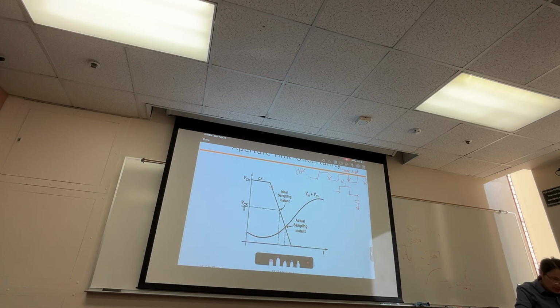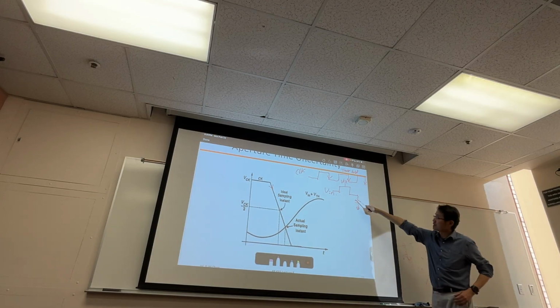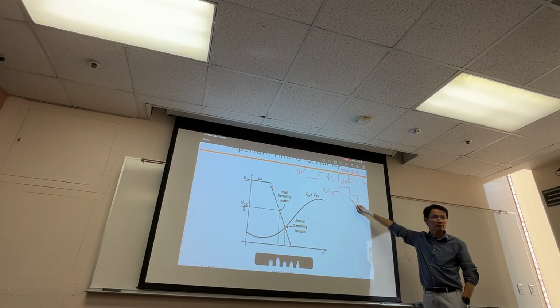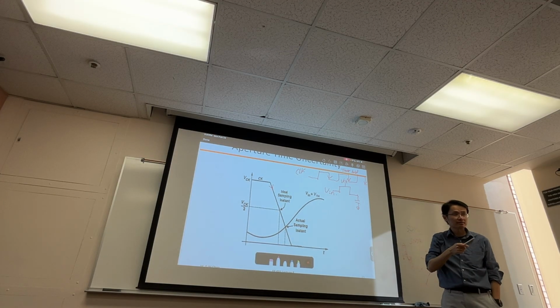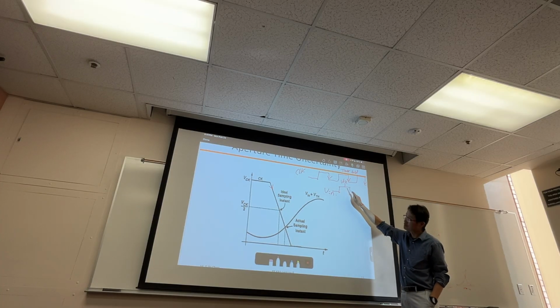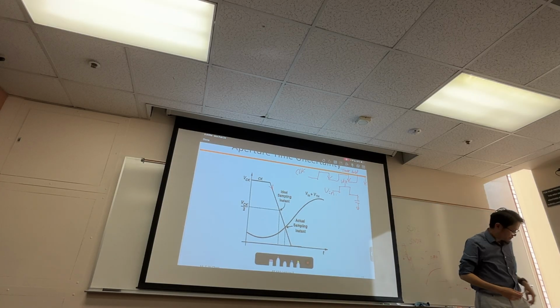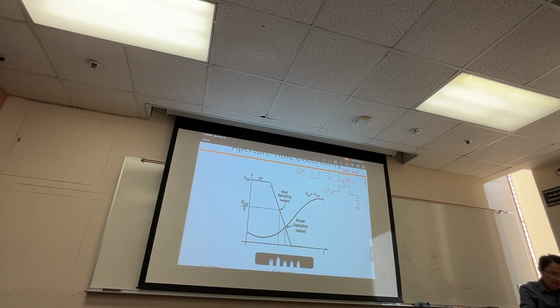But if you examine this really carefully, this is VCK, this is V in. If you look at this MOS switch, tell me when is the point that it will go from triode to off? When VGS equals VTH, for a square law device.